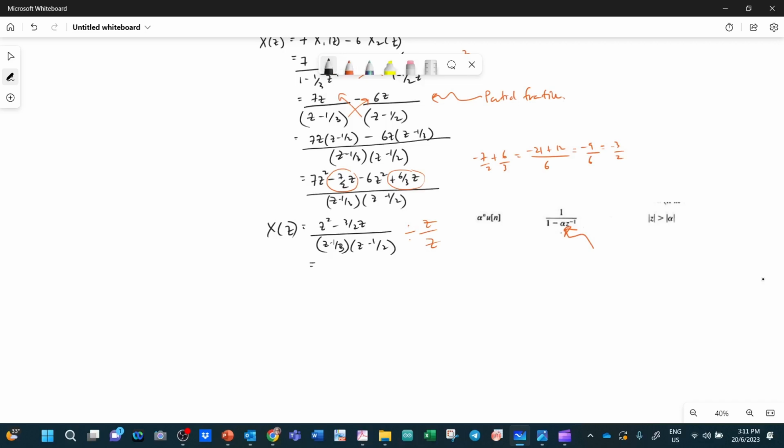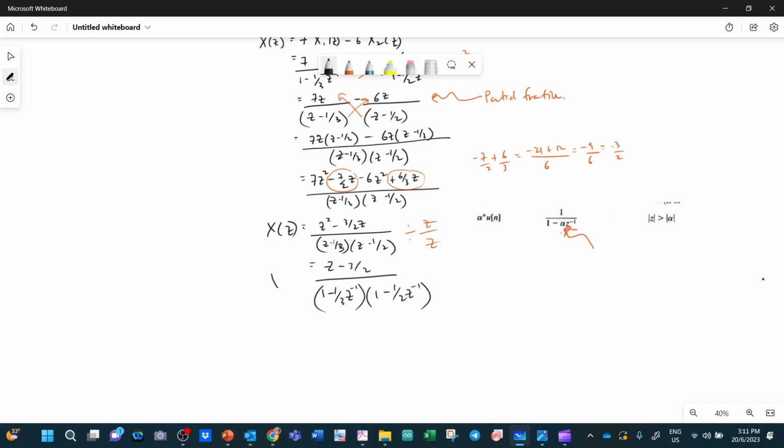Okay, so what do you get? You get minus 3 over 2 over 1 minus 1 over 3 z inverse times 1 minus 1 over 2 z inverse.